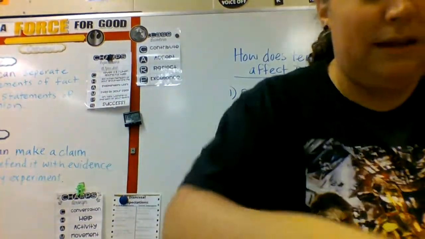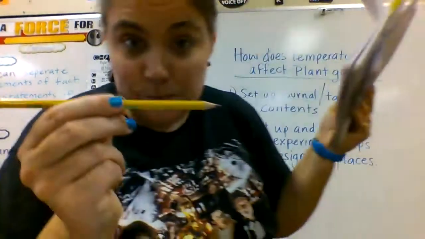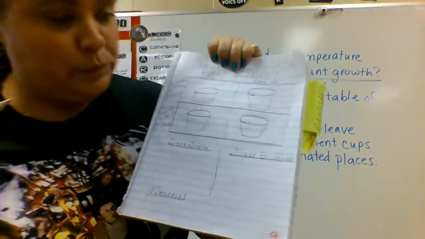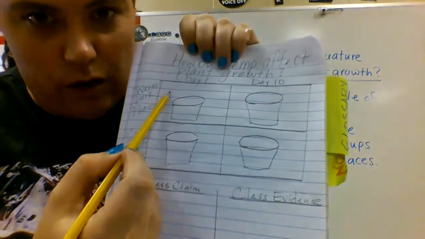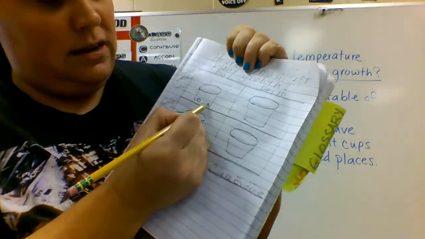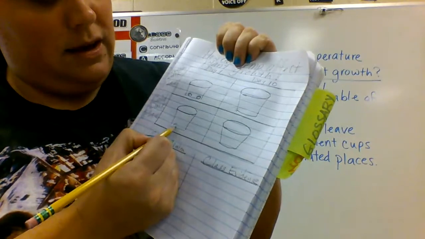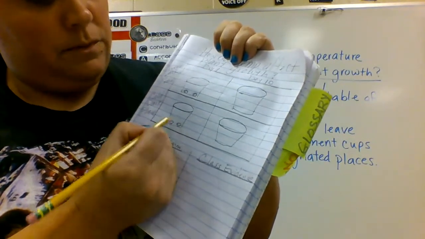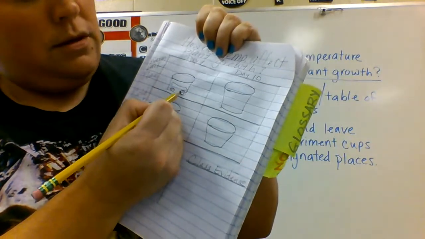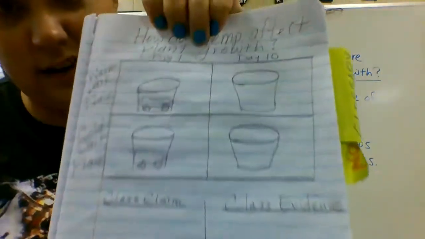So I need to document. I'm going to pick up my handy pencil. Always use pencil in your journal. It's really hard to correct a journal written in ink. And see where it says day 1 that you wrote? I'm going to draw my 2 bean seeds at the bottom of the cup and my paper towel over them, because right now they just look like seeds.